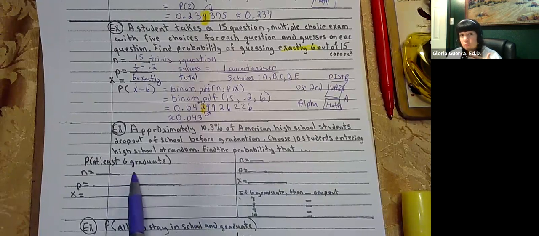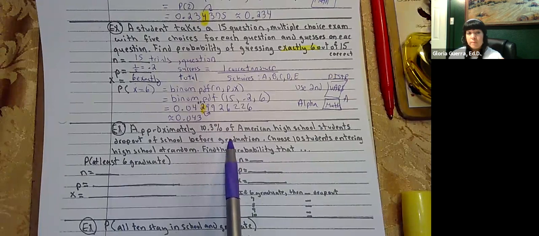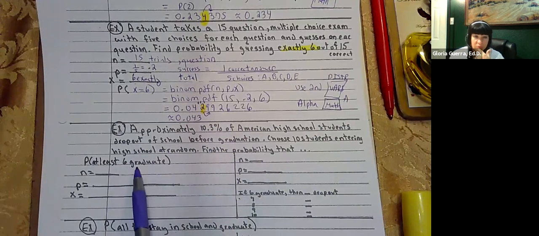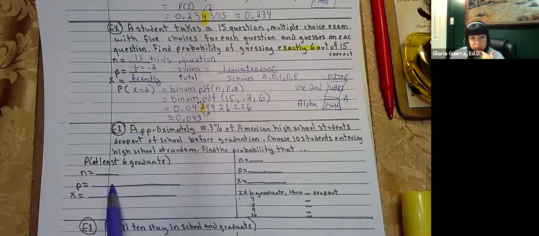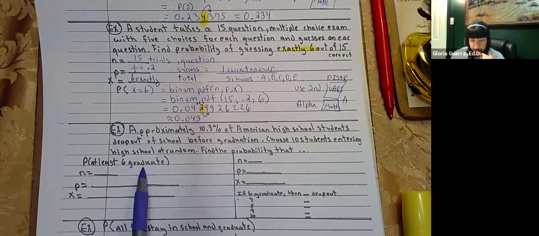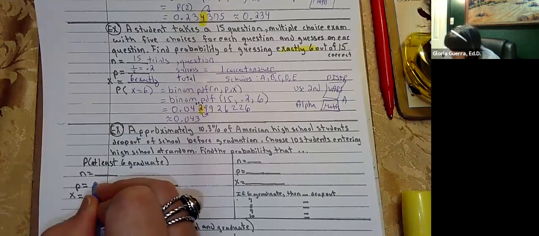Notice this probability is about dropouts, but they don't ask about the probability of dropouts. They ask for the probability of those who graduate. That's why you have to be careful here. So I focus on the graduates, the probability for the graduation rate.